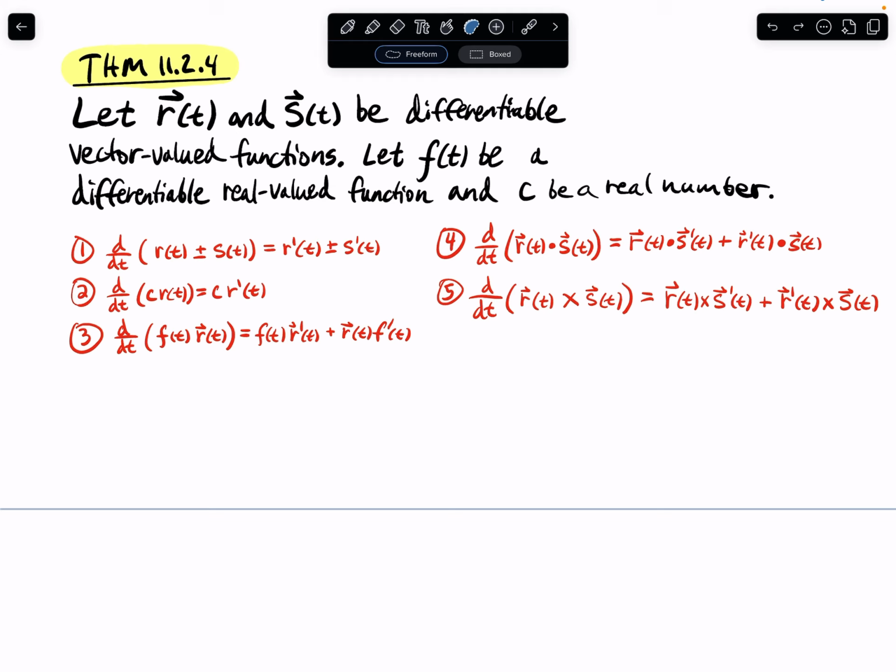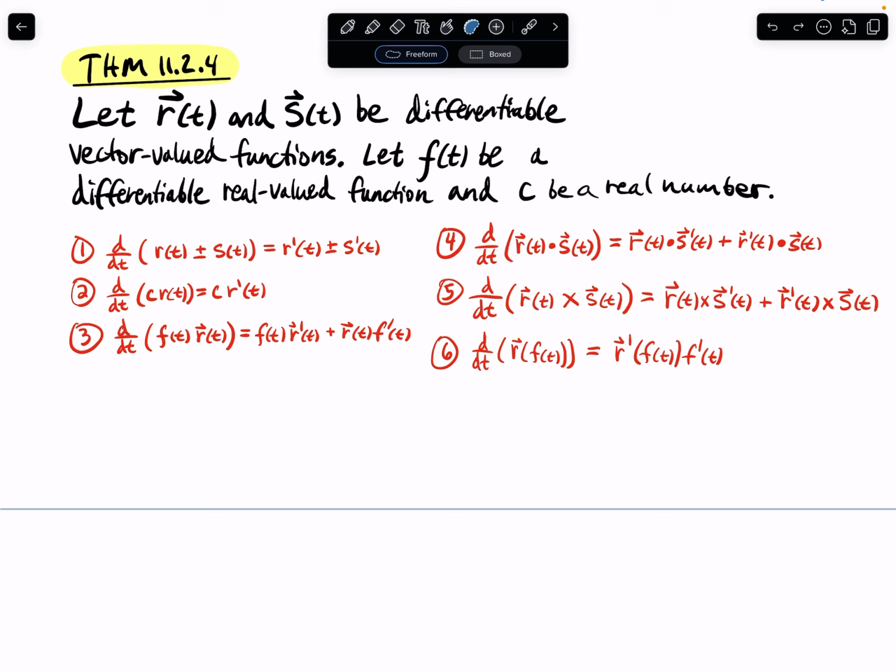Number 5, the derivative of R cross S is equal to R cross the derivative of S plus the derivative of R cross S. And the last one is the derivative with respect to t of the vector valued function composed with a real differentiable function f.